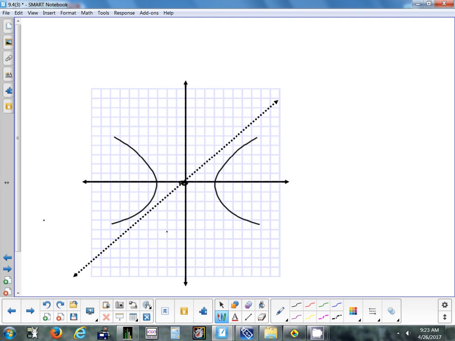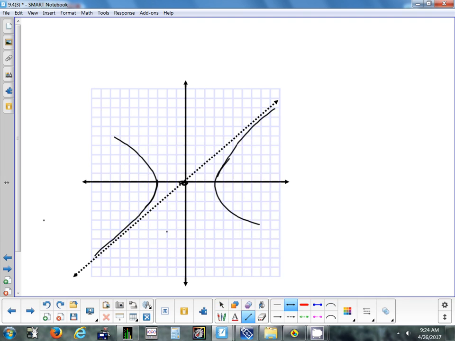An asymptote. So this branch, if I try to draw it a little more accurately, is basically going to go like this. It's just going to get closer and closer to that line. And this branch is going to go like this. It's just going to get closer and closer there.